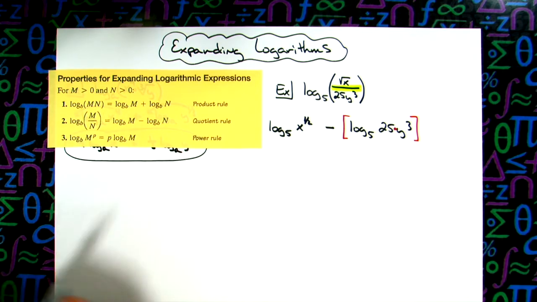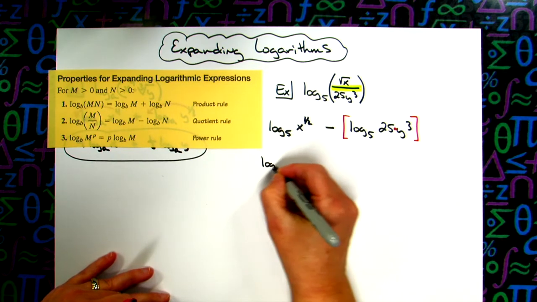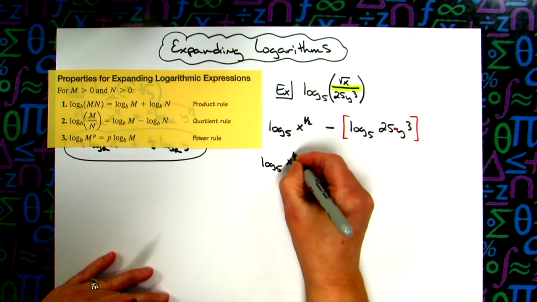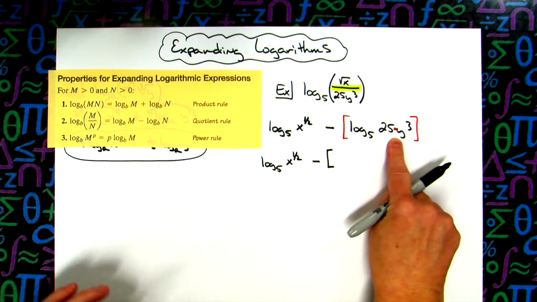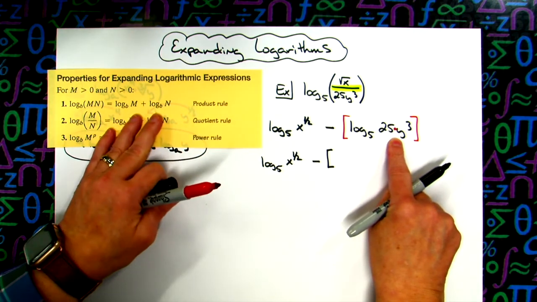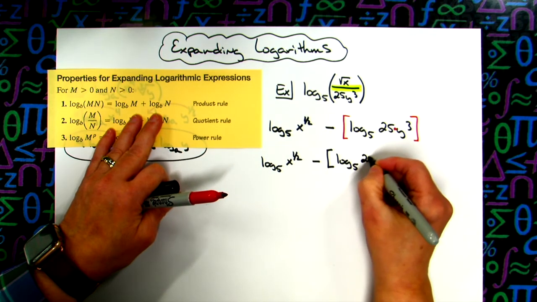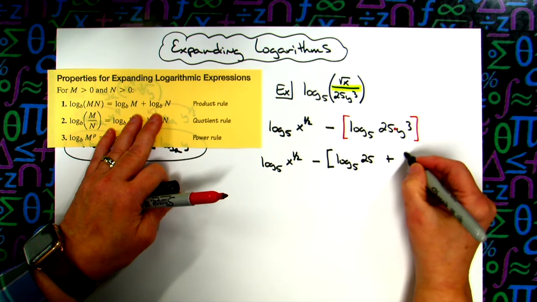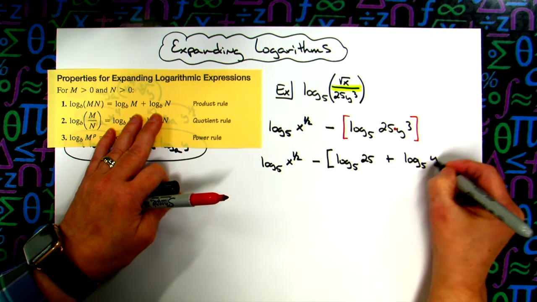Okay, so I'm going to go ahead and leave that first term exactly as I see it. So log base 5 of x raised to that 1/2 minus, so I've got a product, so I can make this addition. So I'll have the log base 5 of 25, plus the log, again, base 5 of y to the 3rd.